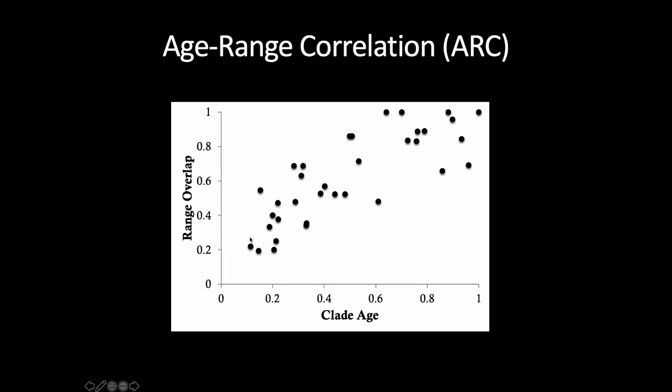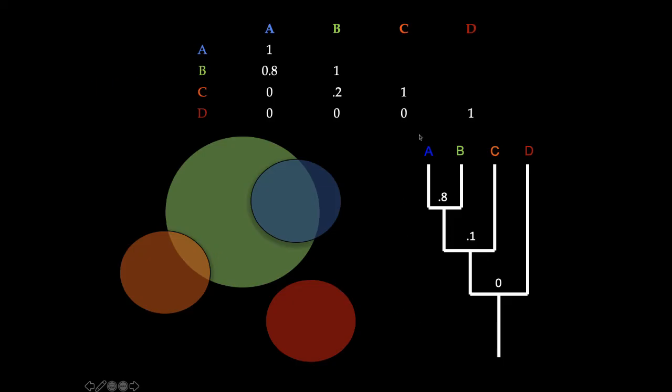Etc. And the way you do that is not by just doing a linear regression. The issue here is there's a lack of independence between a lot of these range overlaps. You see here from our example, A's range goes into calculating this and this and this.